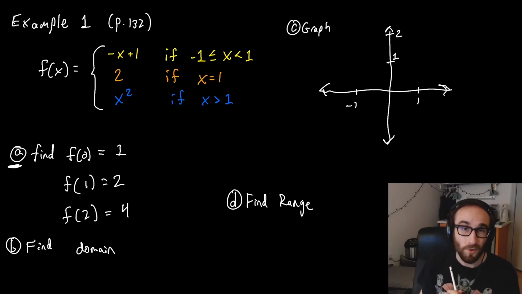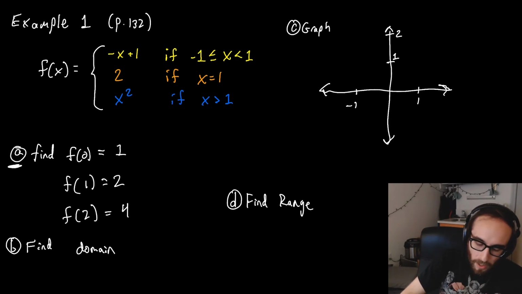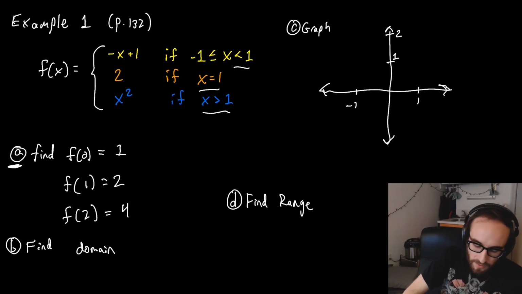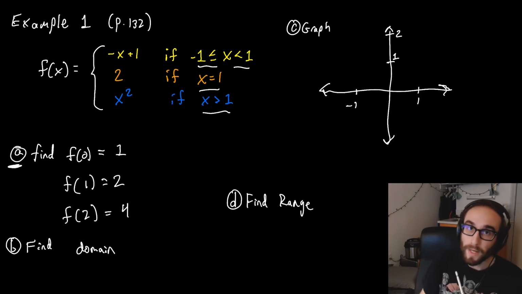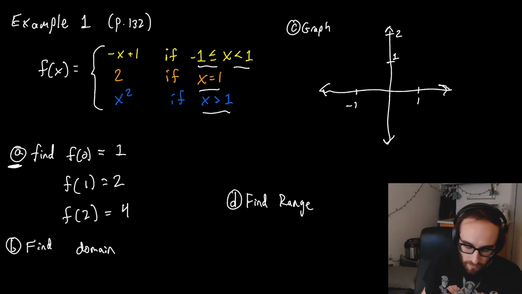Letter B is asking us to find the domain for this function. So we can see that f of x is defined when x equals 1, for any x values greater than 1, and then any x values less than 1 but greater than or equal to -1. So we know that it goes on into infinity to the right, but to the left we reach -1, and we have the or equals to, so we include -1, but there's no output defined to the left, or less than -1.